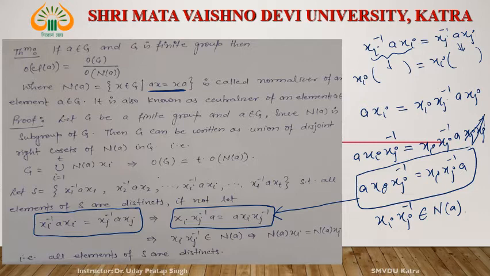And this shows that N(a)xi is equal to N(a)xj. Hence, if any two elements are equal, then their cosets are equal. It means all the elements of S are distinct.